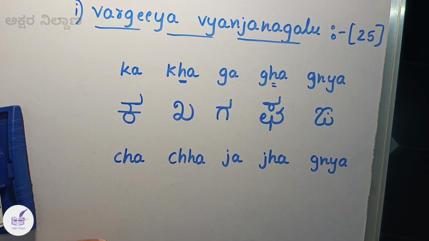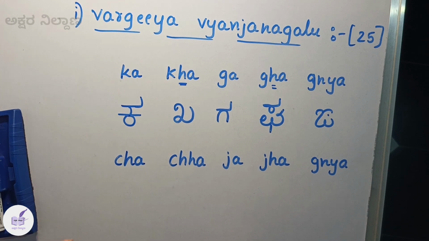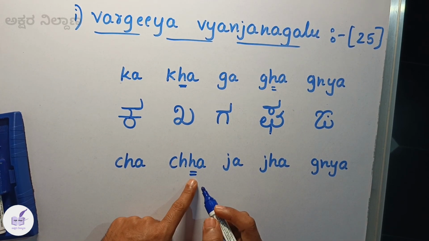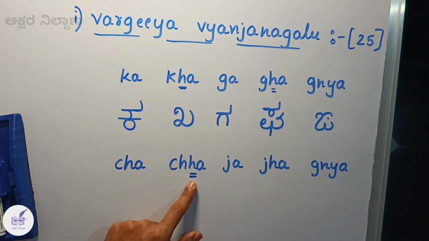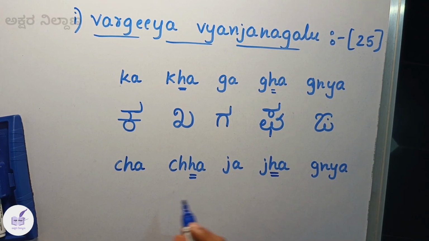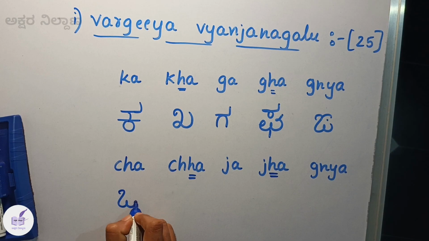So I'm going to write the letters now. One more important thing: see, here it is a double H. One H represents the effort, the H sound, the ha sound. Even here also. Okay? See how to write.